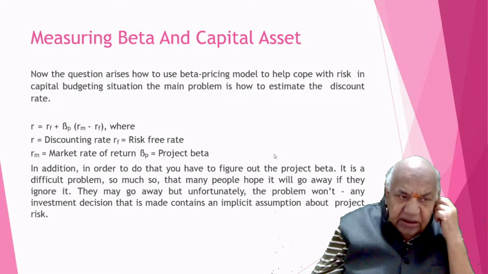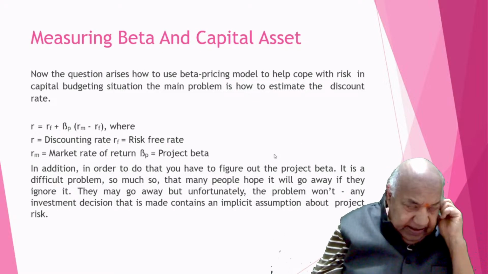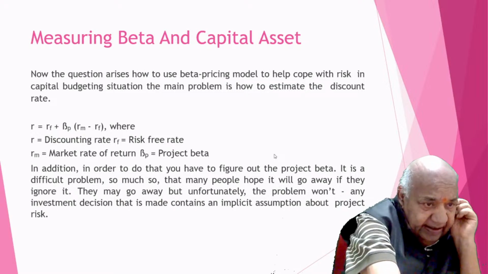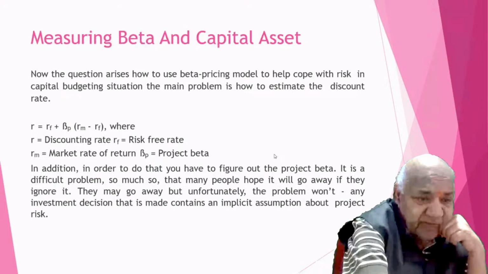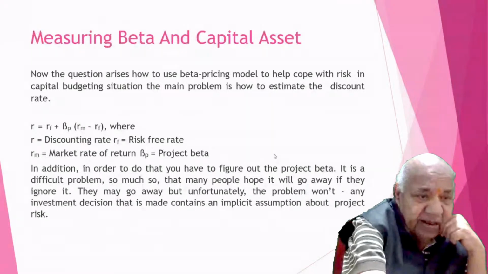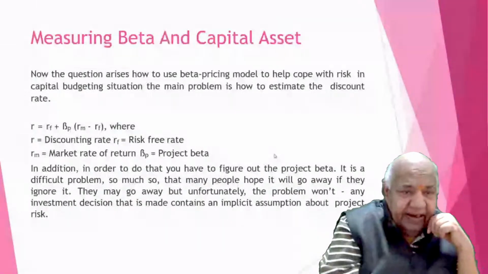The discount rate is the risk-free rate plus the project beta times the difference of the market rate of return and the risk-free rate.